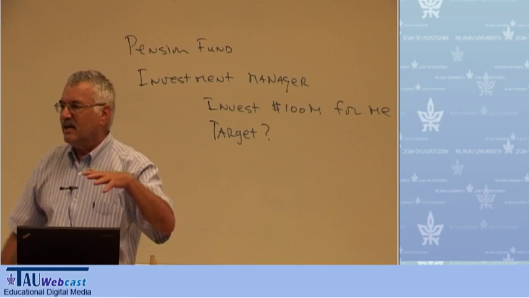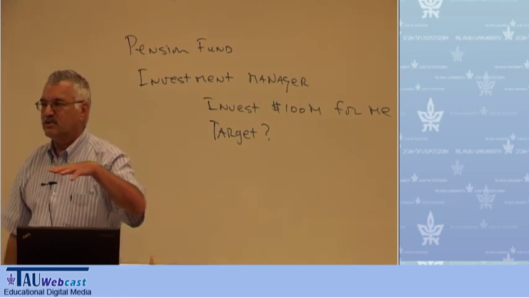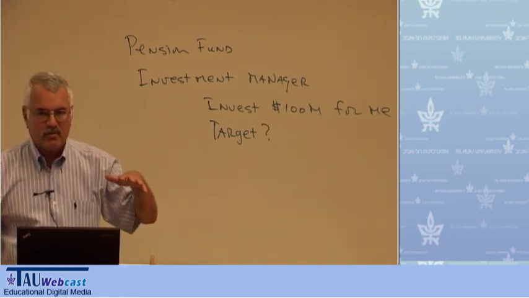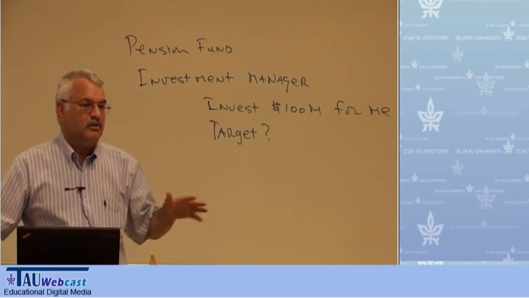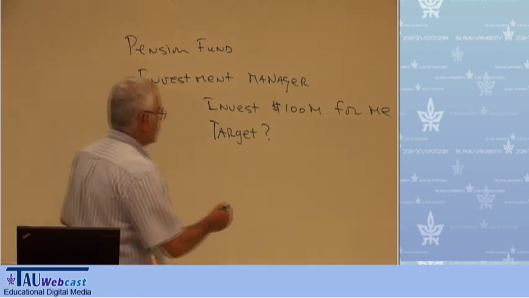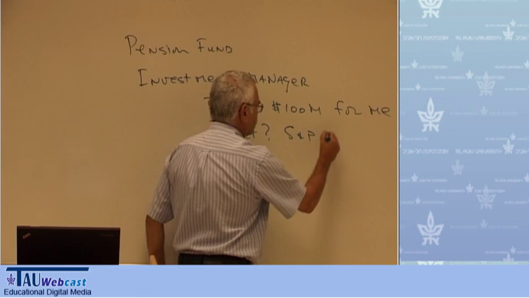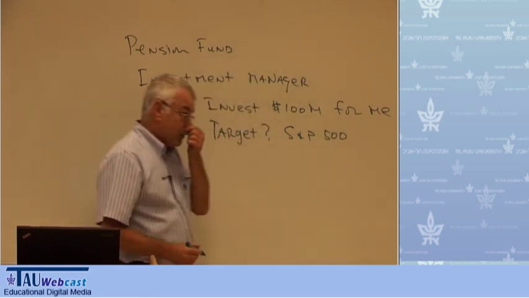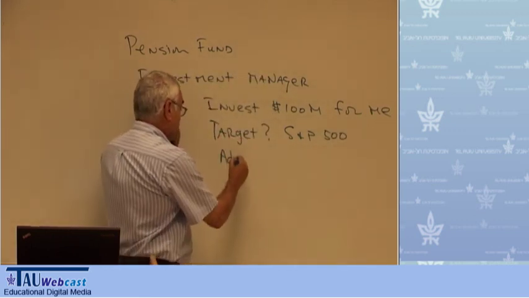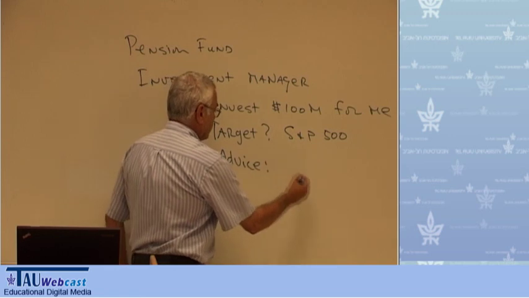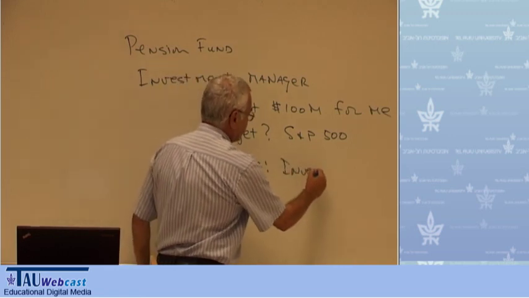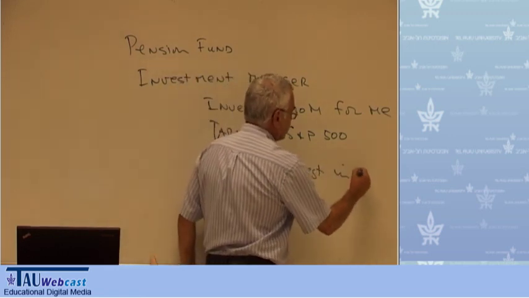Okay? And if the investment manager is honest, what he should do is say, you know what, if the S&P 500 is your target, here's my advice. Invest in an index fund.